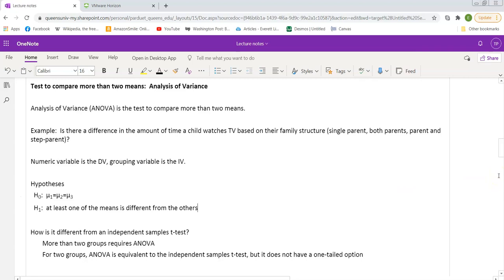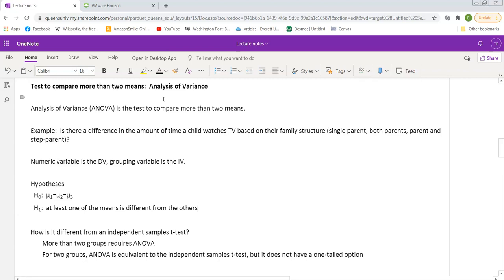We've done the independent samples t-test, and there are a couple differences here. One is that if you're doing more than two groups, you have to do an ANOVA. The independent samples t-test cannot accommodate three or more groups. Technically, you can use an ANOVA for two groups. So if you don't have more than two means, but you still want to compare two means, you can do an ANOVA.